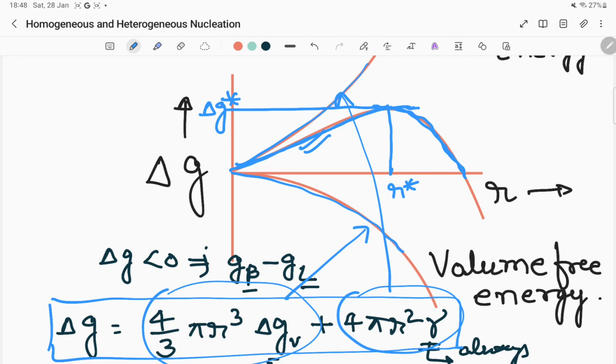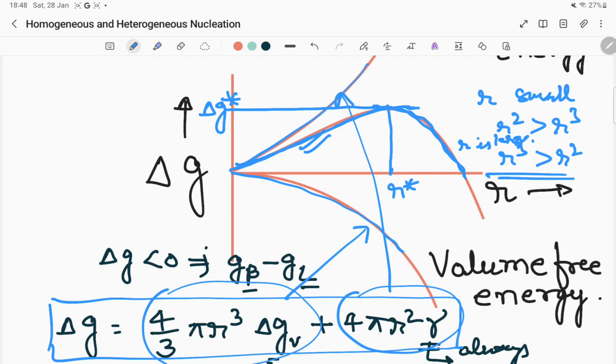So why is it happening, we will see this. When the value of R is small, R square will be more than R cube. For larger values of R, R cube will be more than R square.